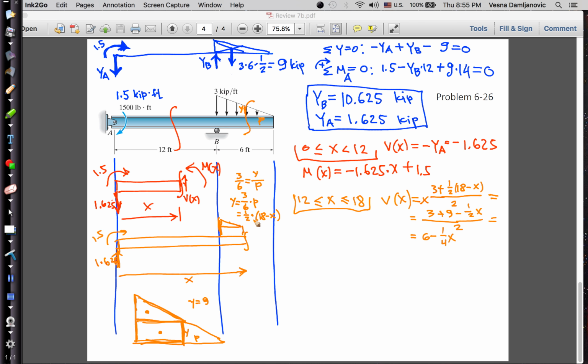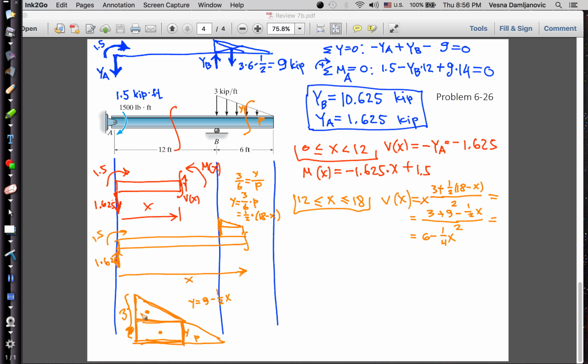I'm just calculating from here. Is equal to 9 minus 1/2 X. That's the Y. And we don't care about P. And so this is Y also. How much is this? This whole thing is 3, right? So then this amount here would be, we don't even care that this is Y. This whole thing is 3.